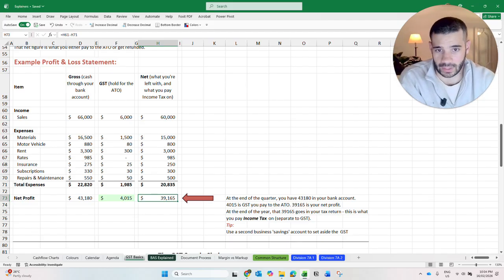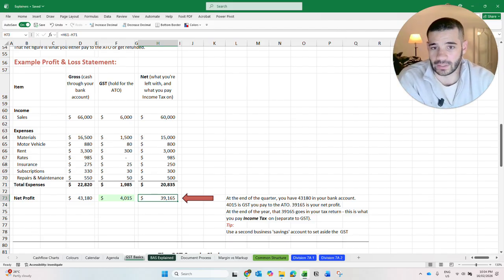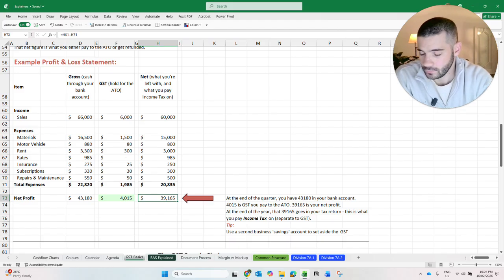So GST is separate to our income tax. We always pay income tax on our net profit, net of GST. So remember, that's in our bank account, that goes to the tax office for the BAS, and that's what goes in our tax return, and that's what we pay tax on at the end of the year.